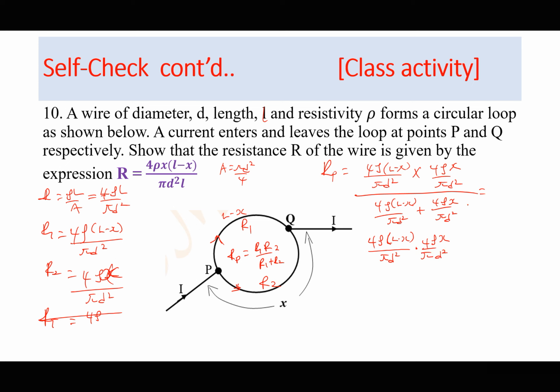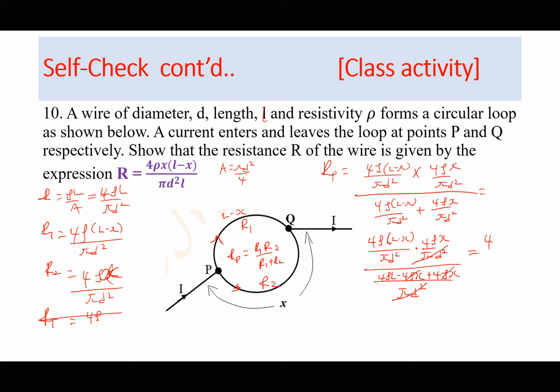Then here the LCM in the denominator is pi d squared, so divide by pi d squared. When I open the brackets in the denominator, I have 4 rho L minus 4 rho X plus 4 rho X. So this one cancels with that, and I remain in the denominator with only 4 rho L.